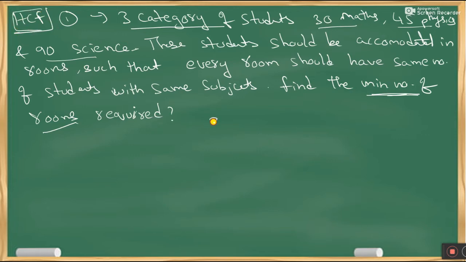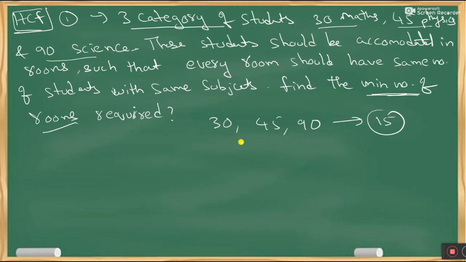Getting my point? So write down the numbers 30, 45, 90. If you are very good at numbers, you can easily recognize that the highest common factor that divides all these three numbers is 15. Okay, you can use any method, factorized form or the normal traditional way, you can get the answer. Now you have to have a set of 15 students each.